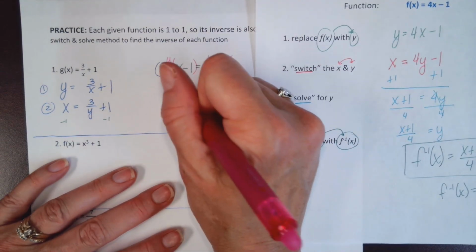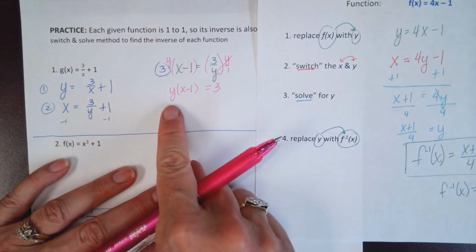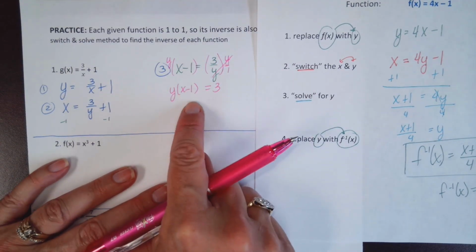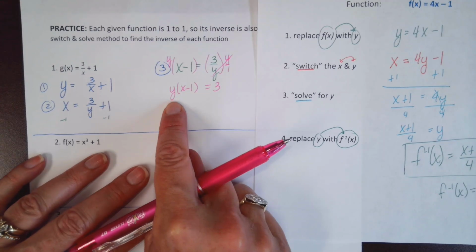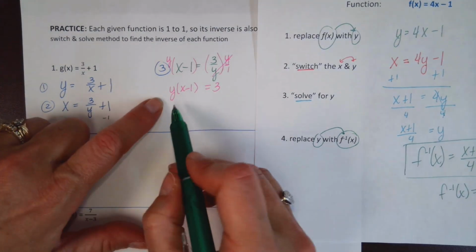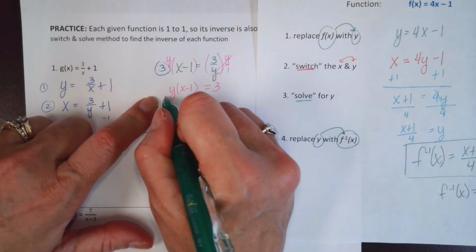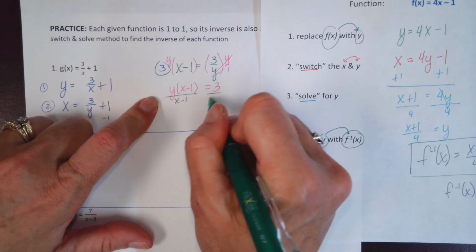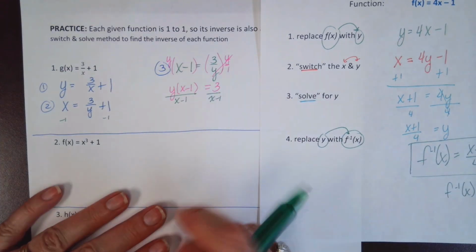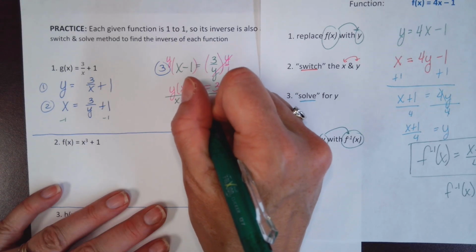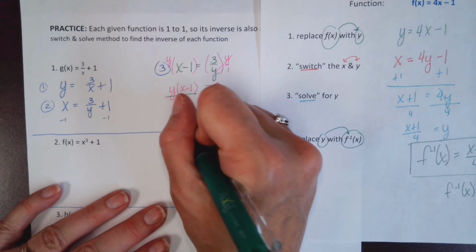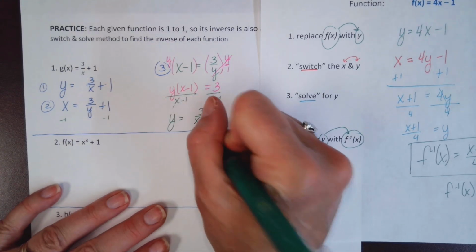Now, I'm not going to distribute because I don't want to spread that y out. I want to solve for y. I want to get it by itself. This is y times x minus 1. The inverse operation is to divide, so that now anything over itself is 1. y equals 3 over x minus 1.